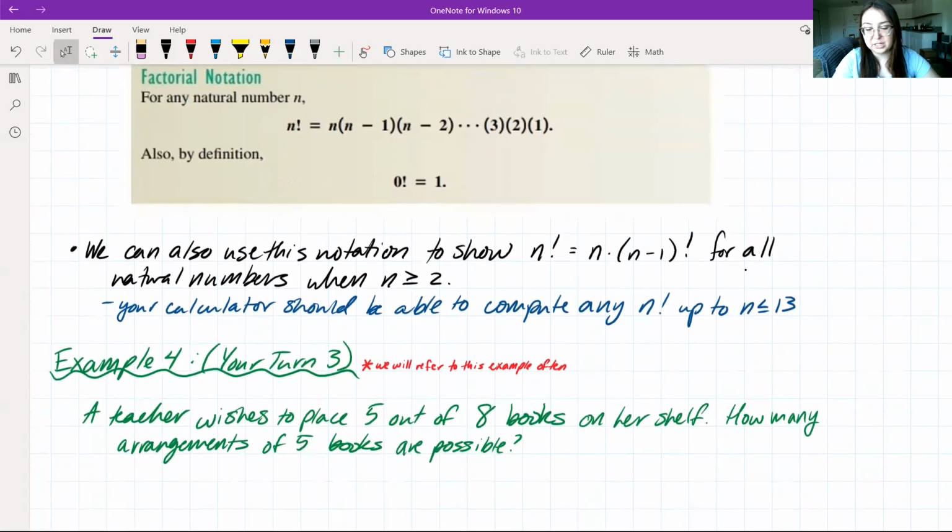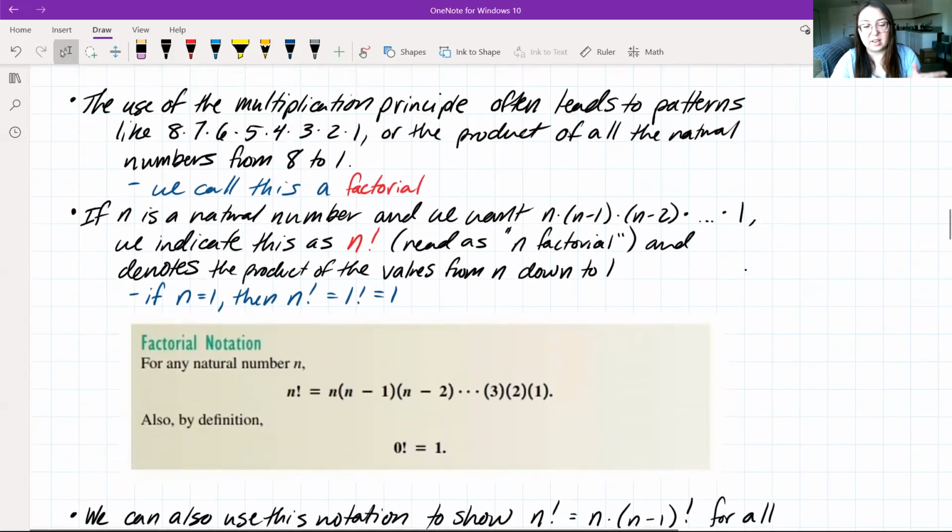So we can also use this notation to show that n factorial is equal to n times n minus 1 factorial. And we know this because if we see our pattern from our last equation with the 8 times 7 times 6 times 5 times 4 times 3 times 2 times 1, if we have 8 factorial and we sub that 8 out, we're going to end up with 8 times, and then in parentheses, 7 times 6 times 5 times 4 times 3 times 2 times 1.